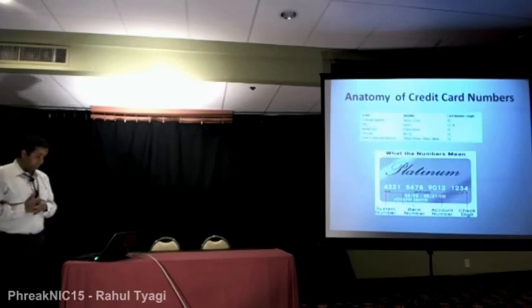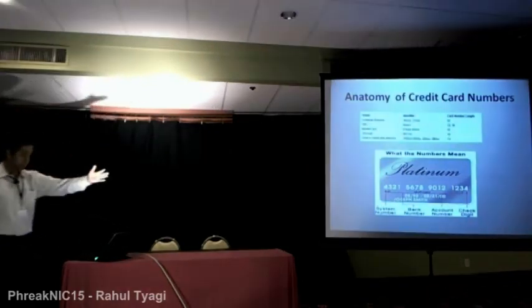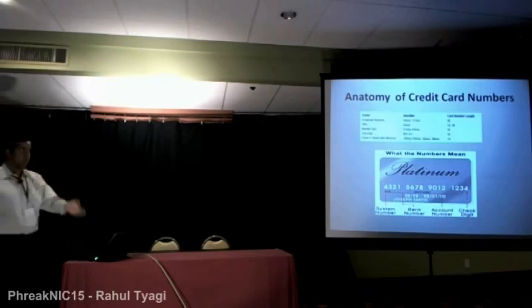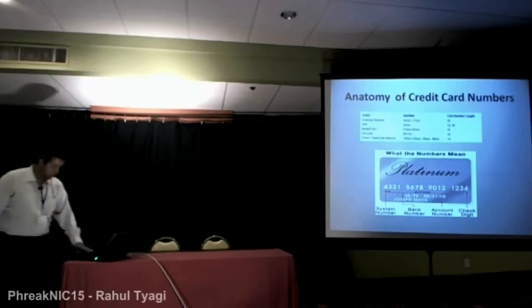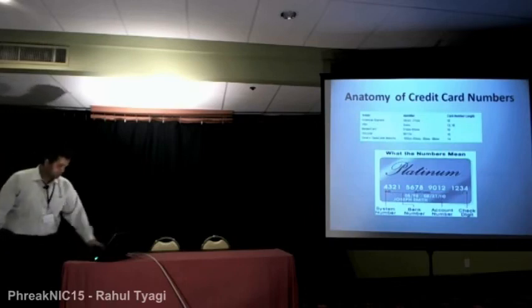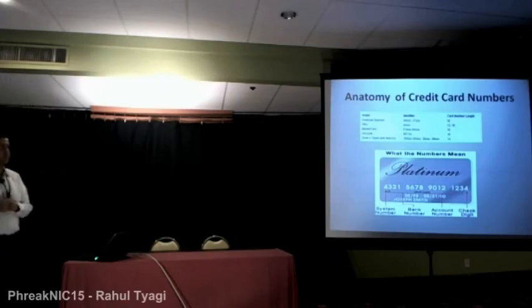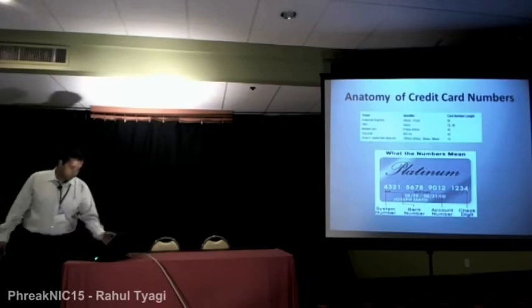The last digit is the check digit, which is computed on the basis of all other digits in the credit card number. It's based on Luhn's algorithm. The first few digits of the credit card number are specific to the financial institution or the bank that is issuing it, and after that it's the account number.